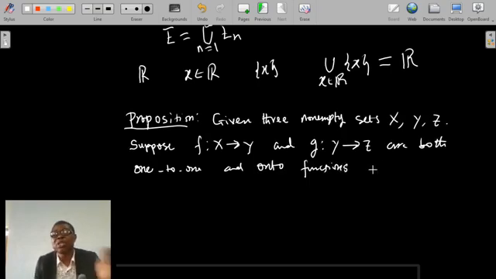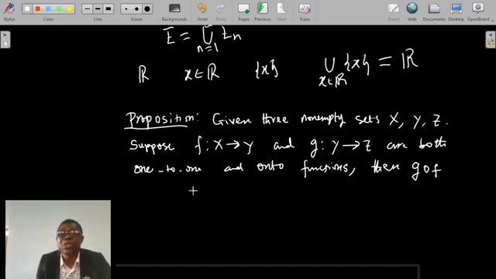suppose these 2 functions are one-to-one and onto. Then our conclusion should be that the composition g composed with f, the composition of these 2 functions, is also one-to-one and onto.